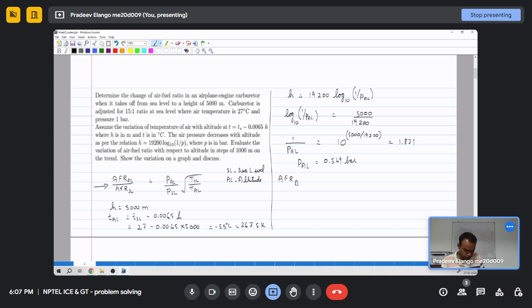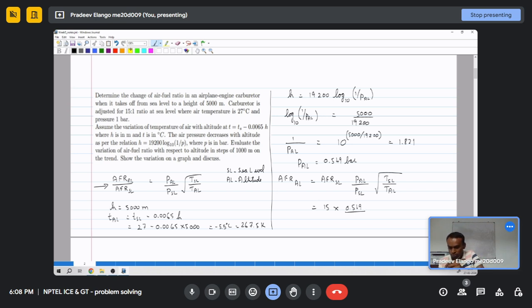AFR at altitude will be AFR at sea level into pressure at altitude divided by pressure at sea level into root of temperature at sea level by temperature at altitude. So this is 15. Pressure at altitude we just calculated as 0.549 bar, and pressure at sea level is 1 bar.